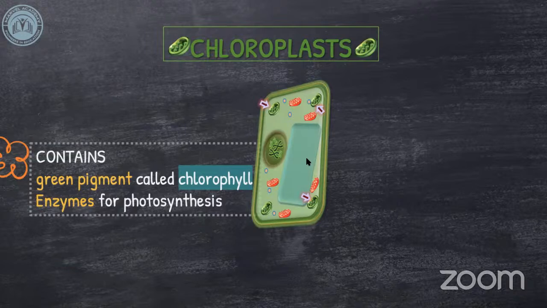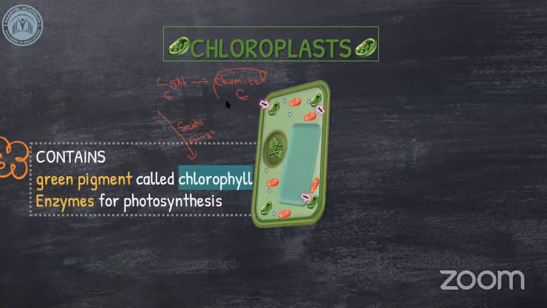It can capture the sun's energy and convert it. The light energy is converted to chemical energy, and this chemical energy is used to synthesize organic molecules, the carbohydrates, like the ones we eat, the fruits.